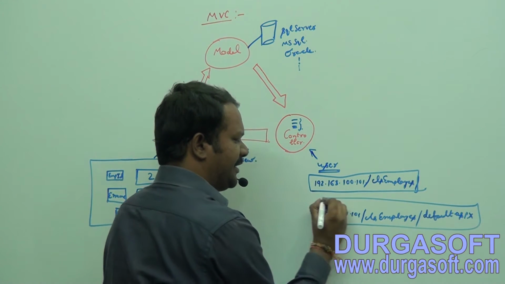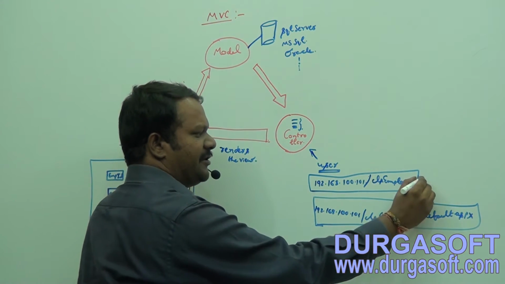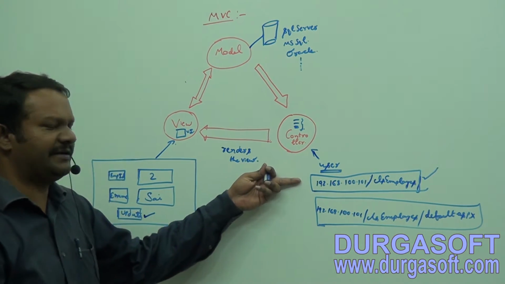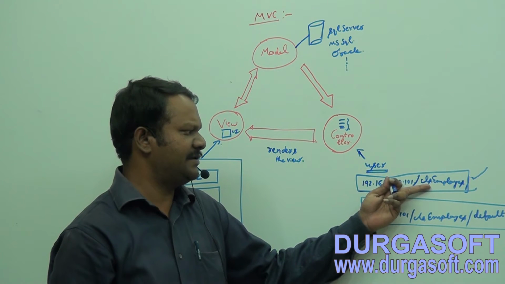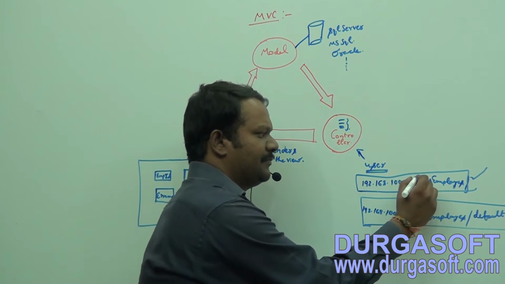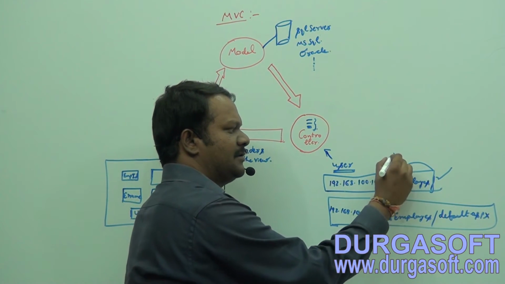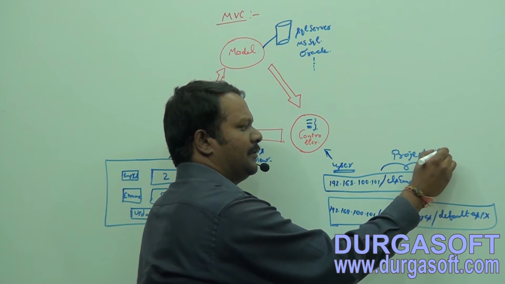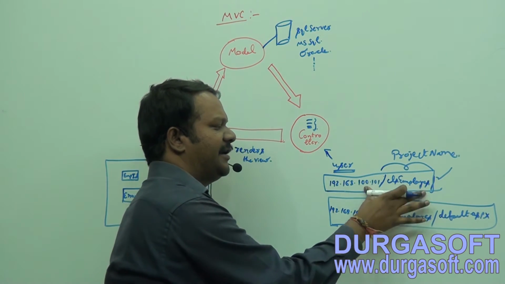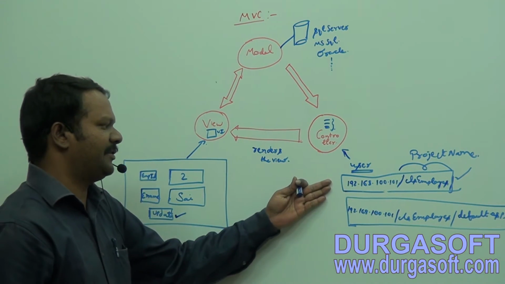This is the complete URL in ASP.NET, but this will be the URL in MVC. It just contains the IP address and the project name. This part is called the project name. This is the complete URL of an MVC application.